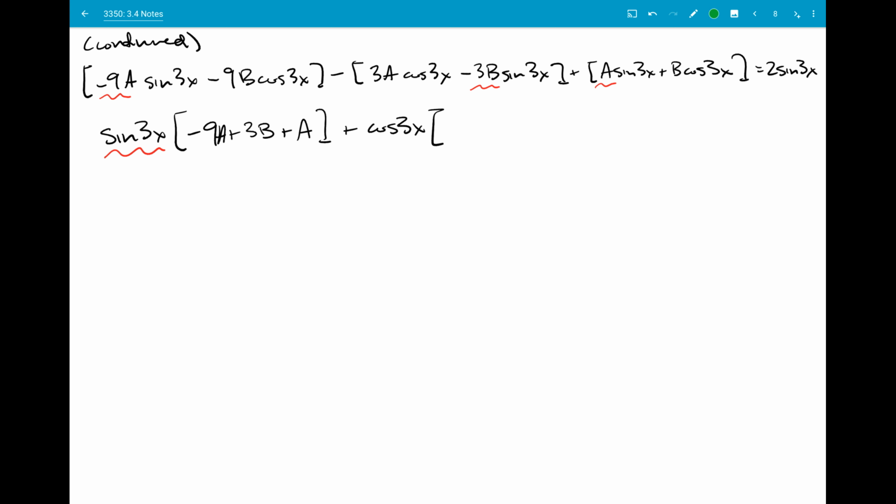I've got my minus 9b right there, minus 3a, plus b. So that's going to give me minus 9b minus 3a plus b. On the right-hand side, I've got sine 3x times 2, and a cosine 3x times 0, so there's no term there.